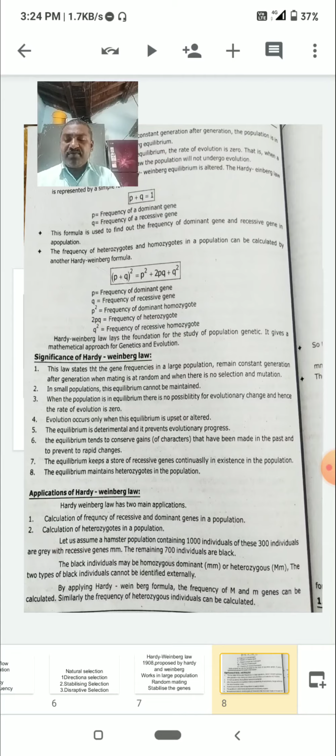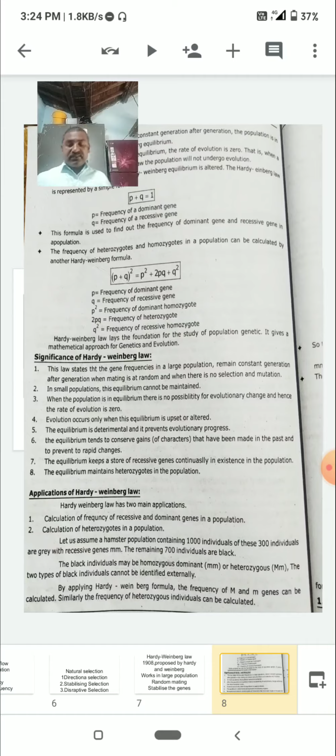In a small population, this equilibrium cannot be maintained. When the population is in equilibrium, there is no possibility for evolutionary change, and hence the rate of evolution is 0. Evolution occurs only when this equilibrium is upset and altered.